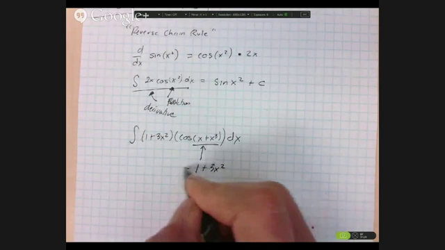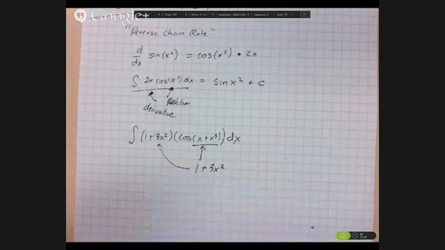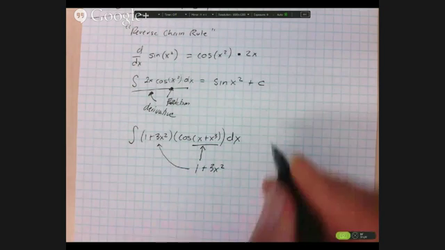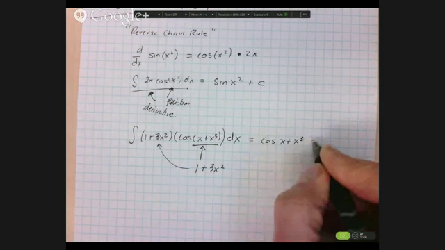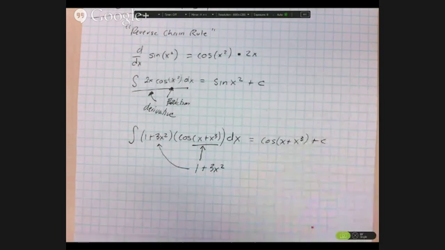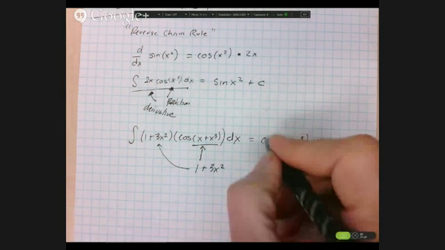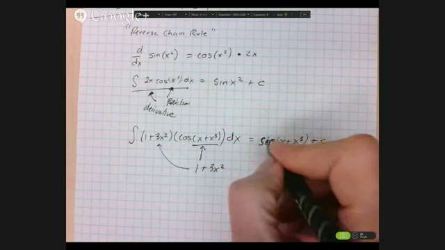Does it occur here? Yay, doable. The integral is going to be cosine x plus x cubed plus c. Cosine? Sine, negatives. Sorry. Why do I do that all the time?